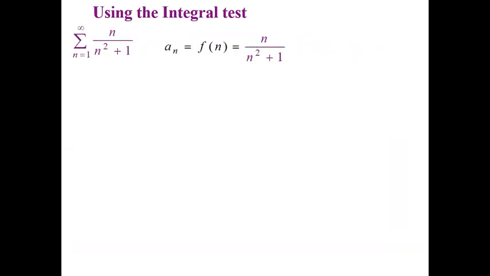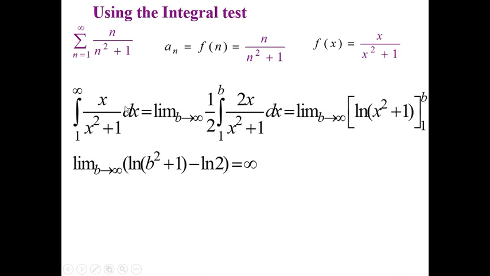Using the integral test, here's one of the examples. a sub n is n over n squared plus 1. It's a continuous function, and it's decreasing, getting smaller and smaller, so we can use the integral. Basically, we can use f of x as x over x squared plus 1, a rational function, and integrate it using improper integration.